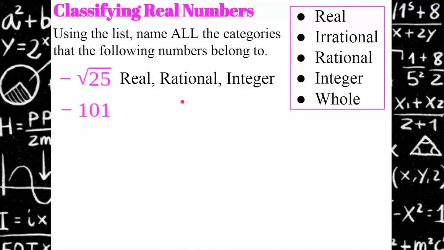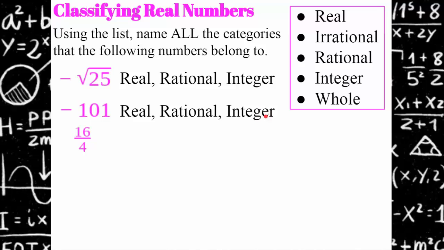Negative 101. I'd like you to pause the video and try to determine which of these categories classify this number. Come back and hit play when you're ready to check. Negative 101 is real, it's rational, and it's an integer. 16/4.